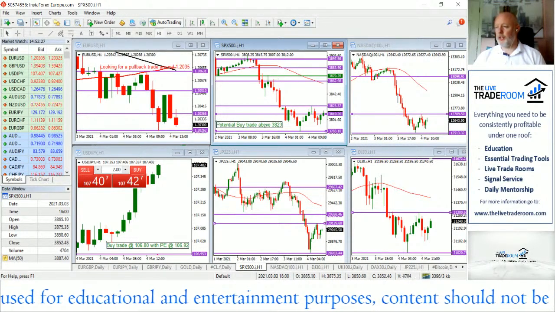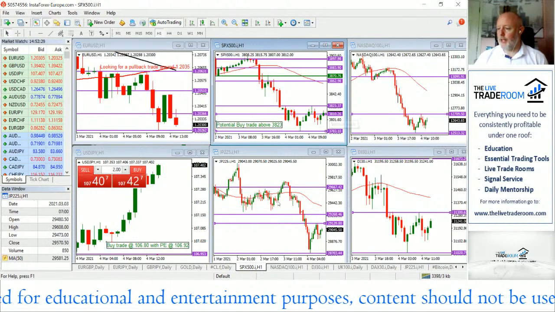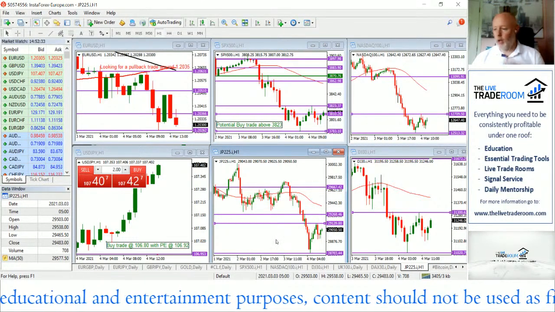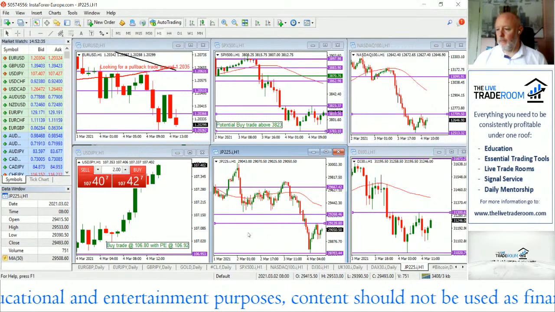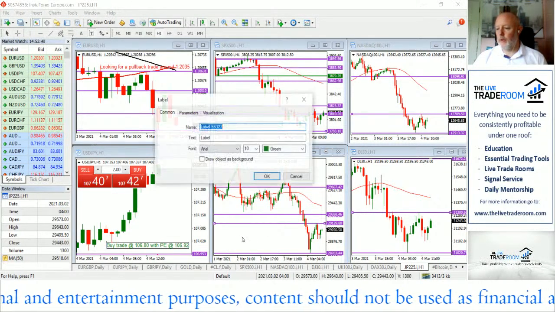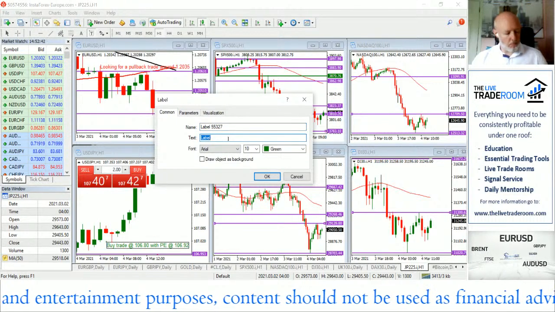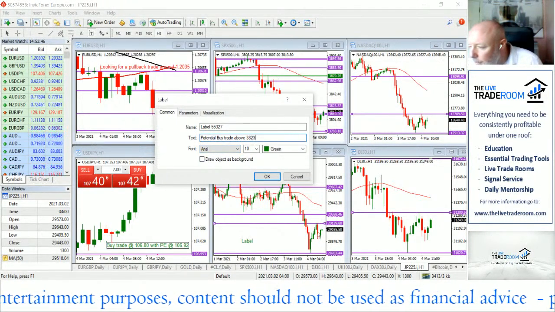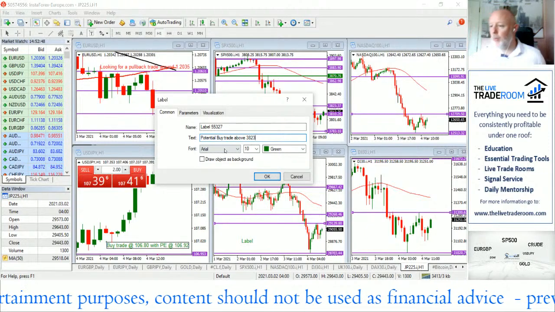Okay, potential buy trade above that 38.23. So potential buy trade this time above 29.139.